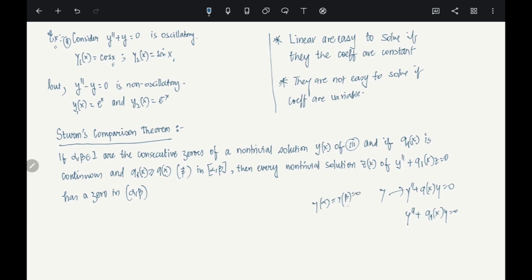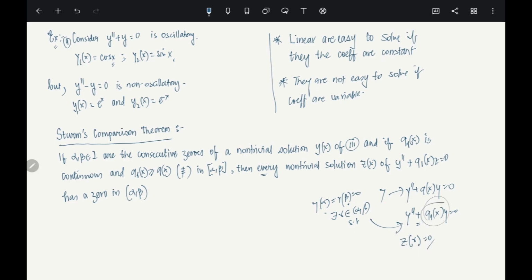So basically it's a zero. Now, if these are consecutive zeros and there is no other zero between alpha and beta, then there exists a gamma between alpha and beta such that any other non-trivial solution z of the second equation has z of gamma equal to 0. That's what it is saying.